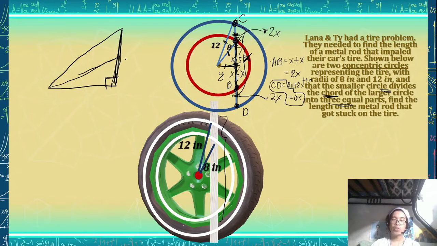The measurement of this hypotenuse is equal to 12, and the measurement of this other hypotenuse is equal to 8. The measure of this line segment over here is just x, the measurement of the line segment here should be 2x, and the measurement of this one is going to be equal to y.